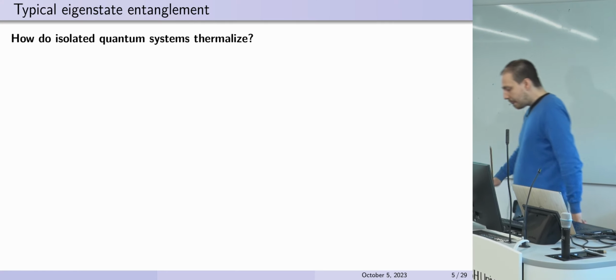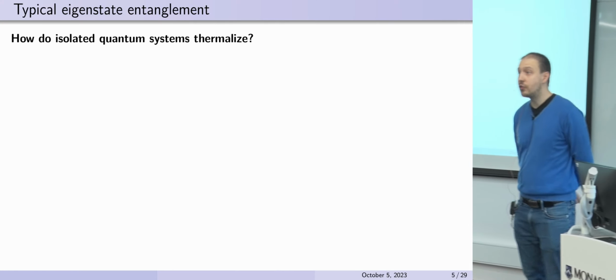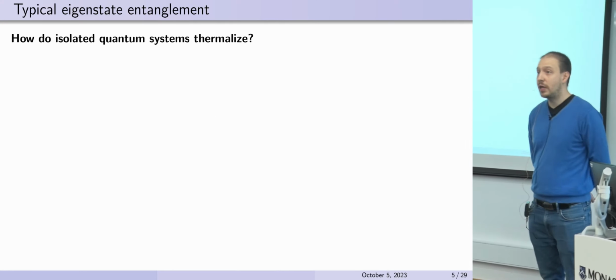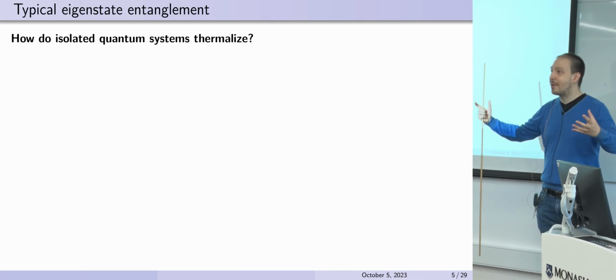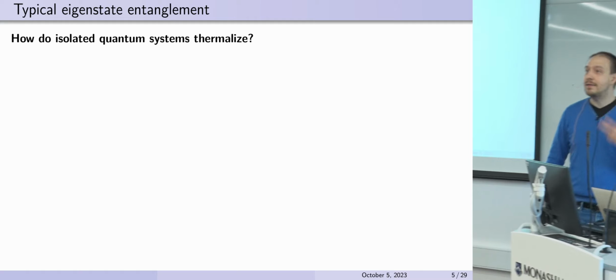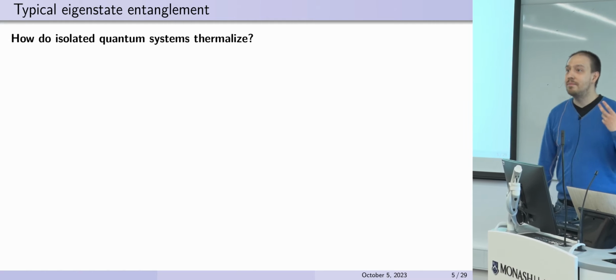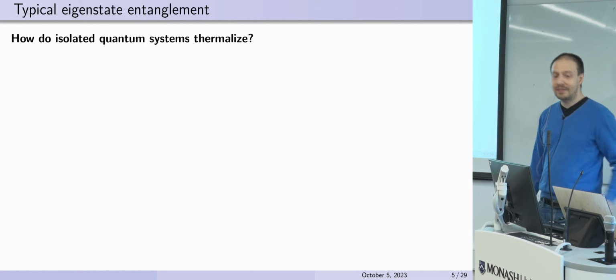And one prime motivation of this is the understanding of how isolated quantum systems thermalize. And of course, technically they don't. They are not coupled to a thermal bath, and they don't become exactly a mixed density operator at a fixed temperature.